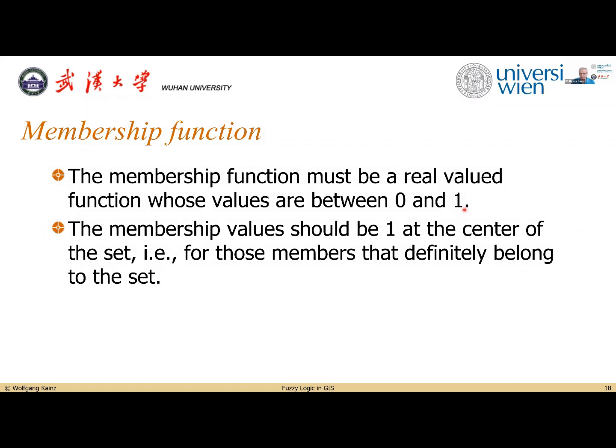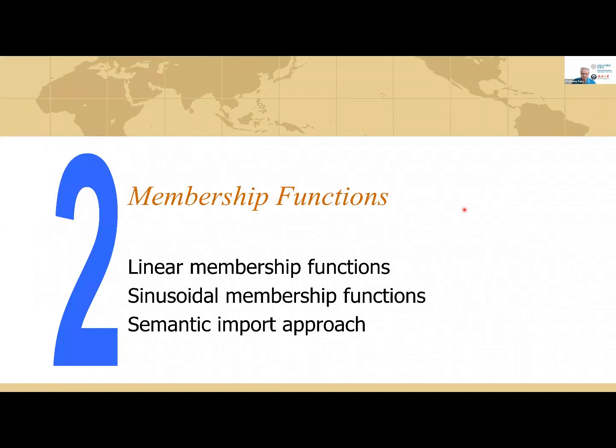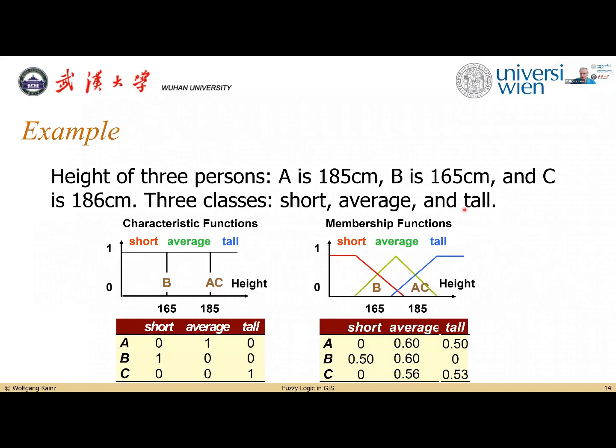And a membership function should be defined in such a way that where the elements definitely belong to the fuzzy set, the value should ideally be 1. So let's recall our example.